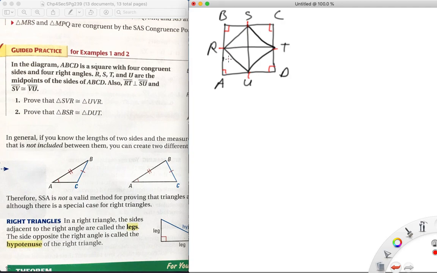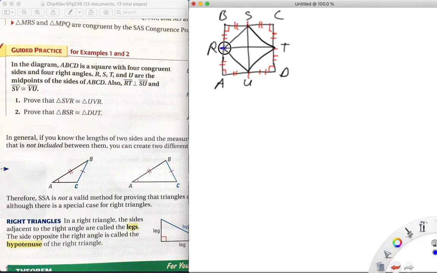We're also told that this guy is the midpoint, so we have this guy, this guy, this guy, this guy, this guy, this guy. Lots of little parts. Okay? Actually, I'm going to put this in blue so that we can tell the difference.